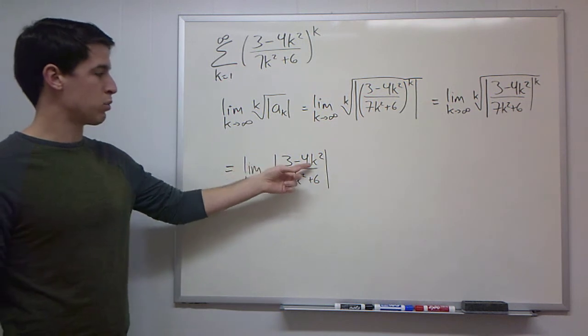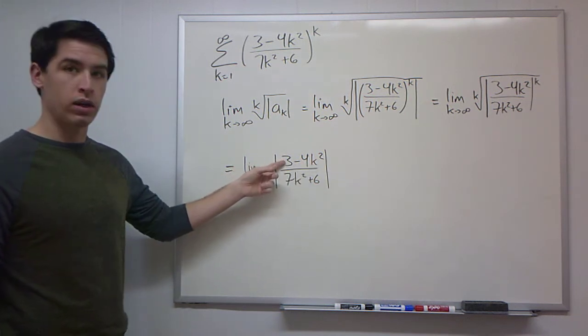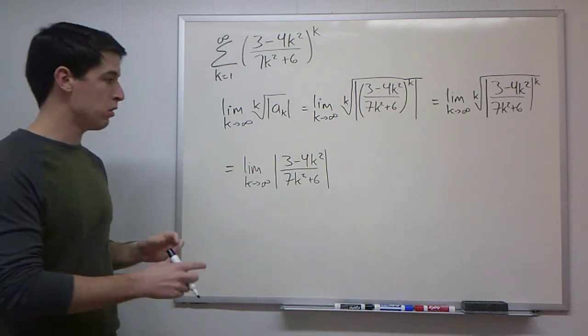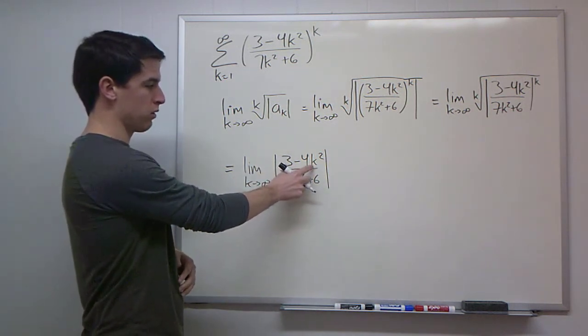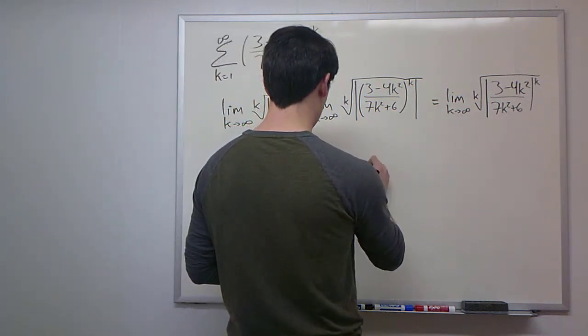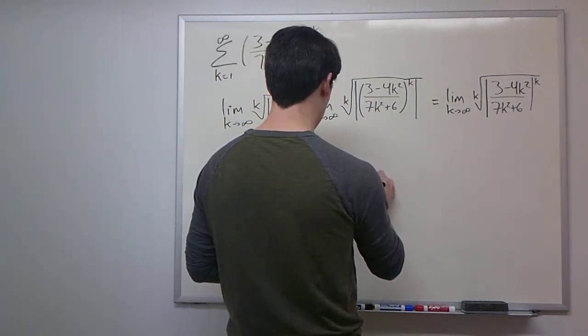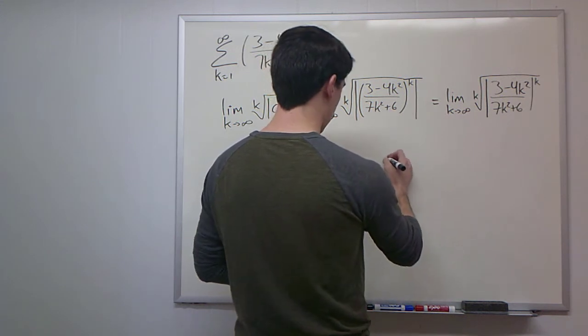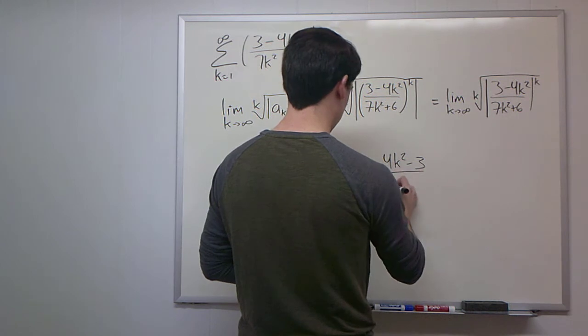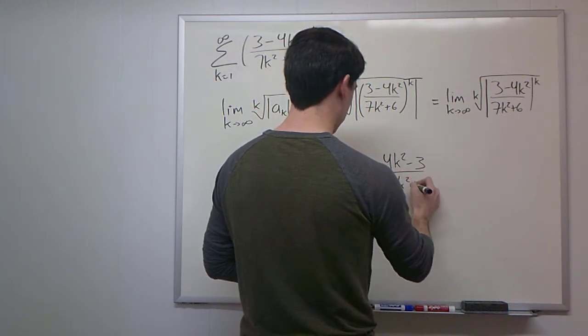So this expression in the numerator will always be negative, so the absolute value will essentially flip this subtraction. So this will become the limit as k goes to infinity of (4k squared minus 3) over (7k squared plus 6).